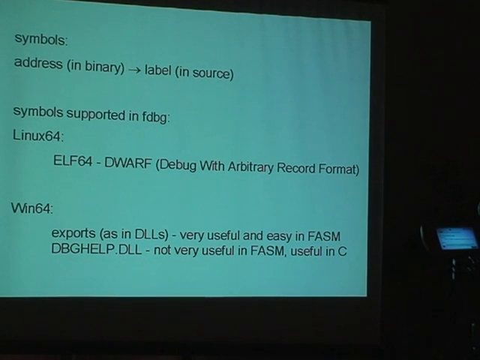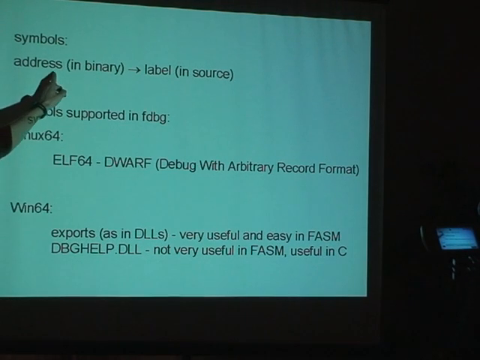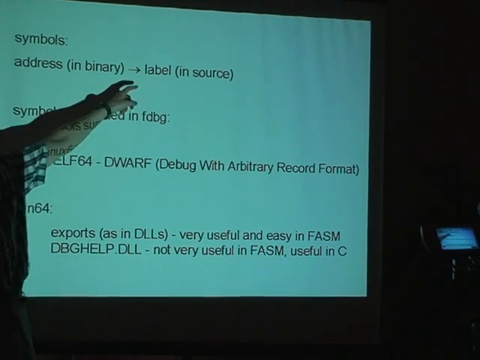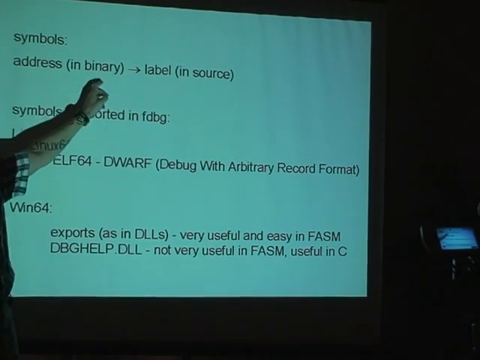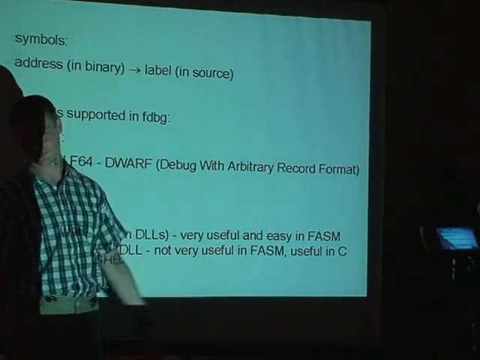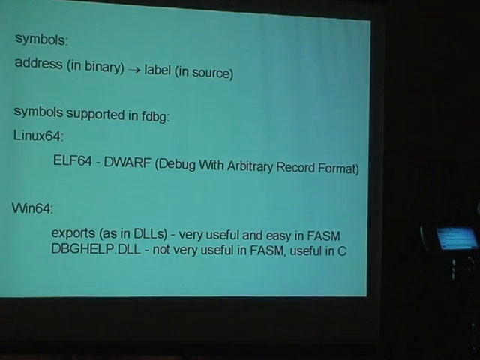If we load an executable into the debugger, we see a lot of hexadecimal numbers, addresses, and so on. And the symbols are helpers to translate the hexadecimal address into a label. This address is in memory when the program executes, and this label is some text in the source of the program.